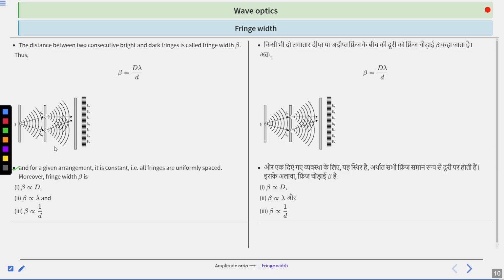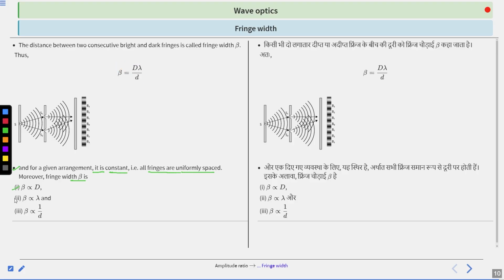For a given arrangement of S1, S2 and screen, the fringe width is constant, that is, all the fringes are uniformly spaced. Moreover, fringe width beta is directly proportional to capital D, directly proportional to lambda, the wavelength, and inversely proportional to small d, the distance between the two sources.